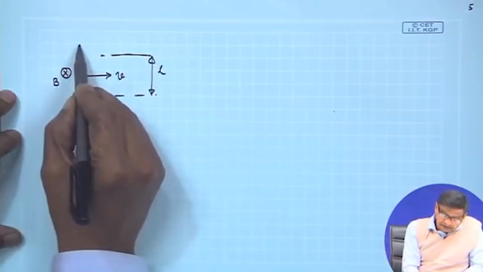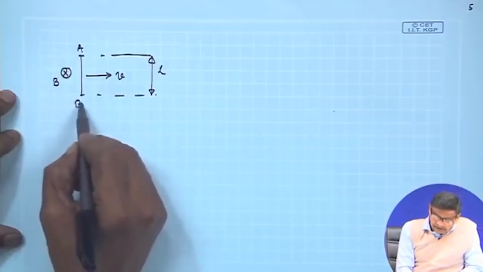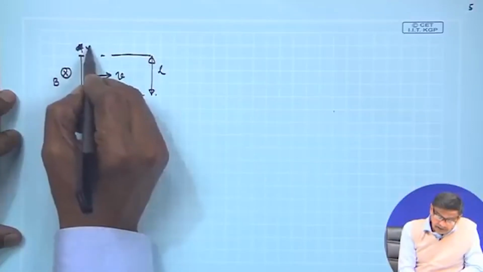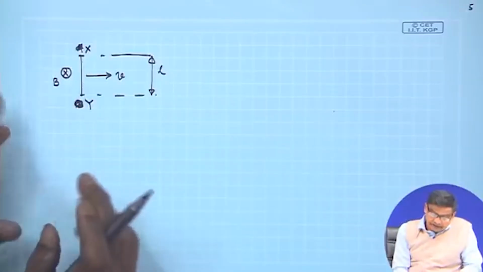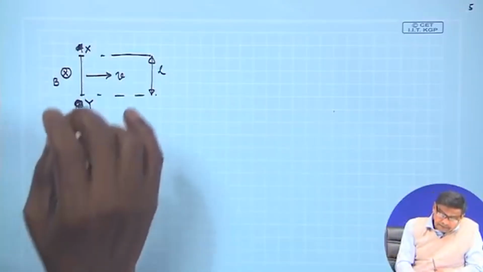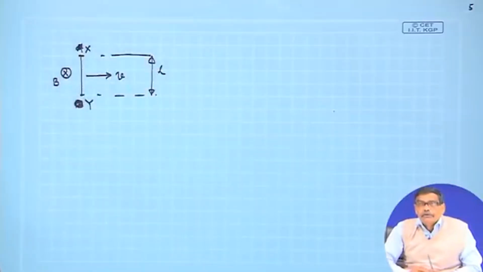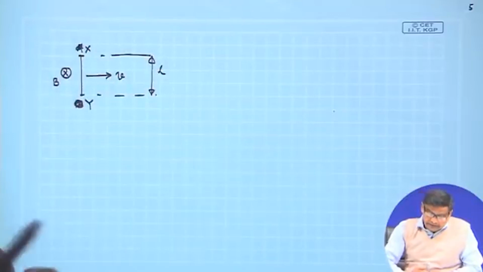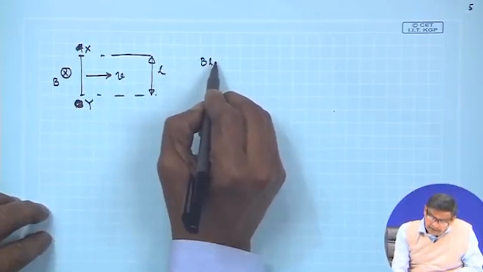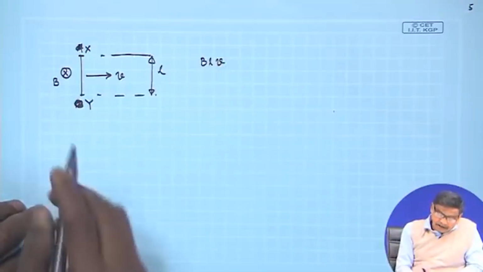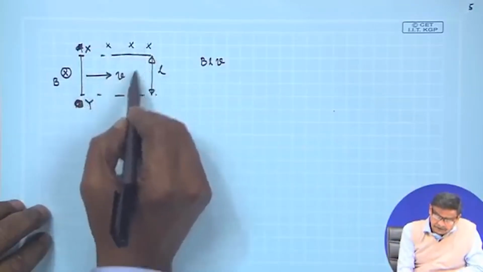So this is the conductor x y, and it is moving along this direction. Then what happens? Between the two ends x and y, an EMF will be generated. The value of this EMF will be B L V, where B is the flux density, all along the paper, you imagine.